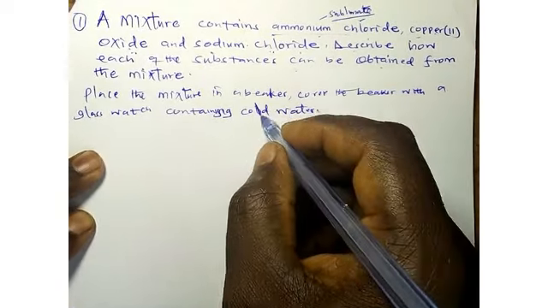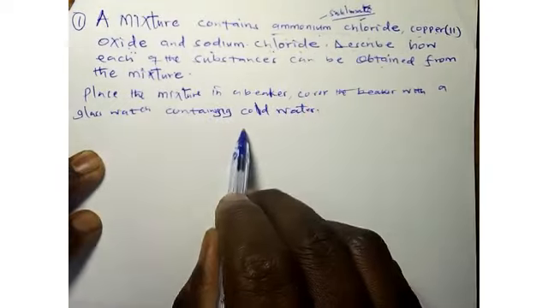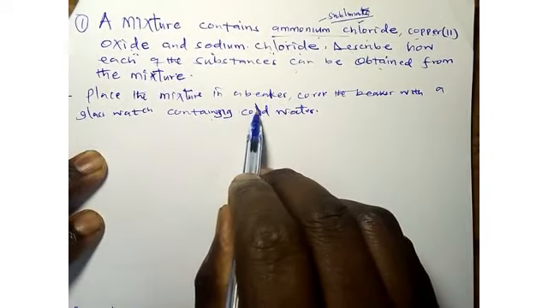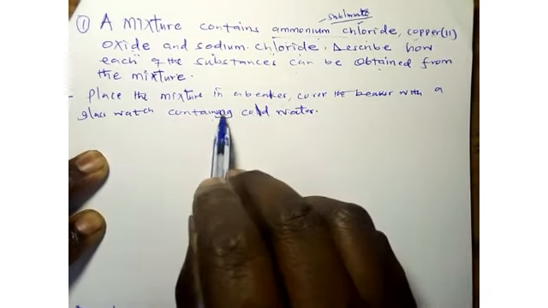The reason we have cold water is that when the ammonium chloride sublimes, it will be cooled here. It will find cold water and be collected on the bottom of this watch glass.